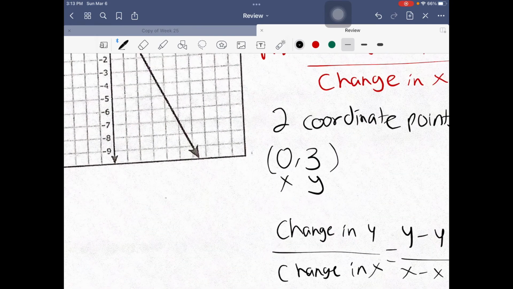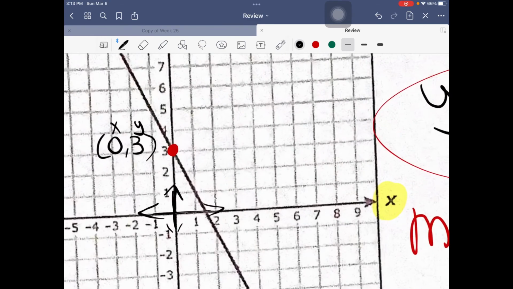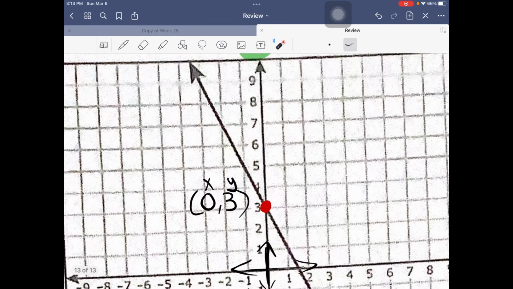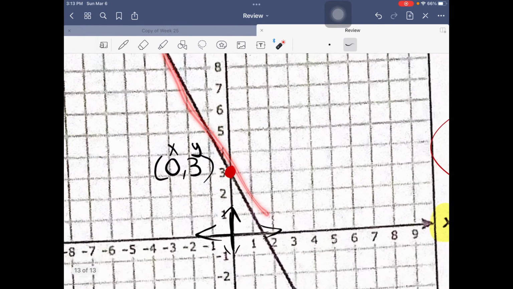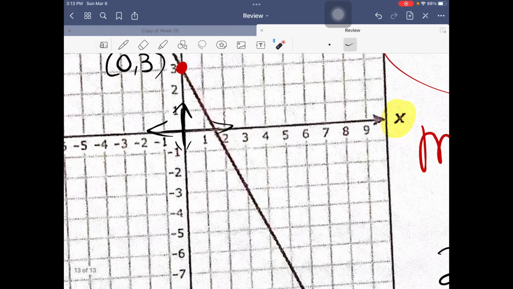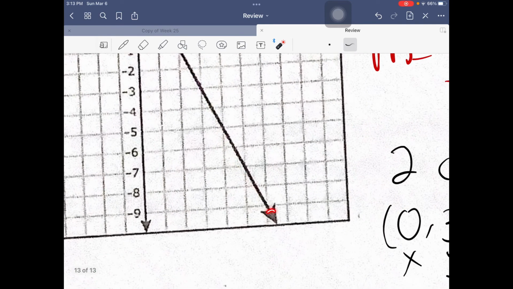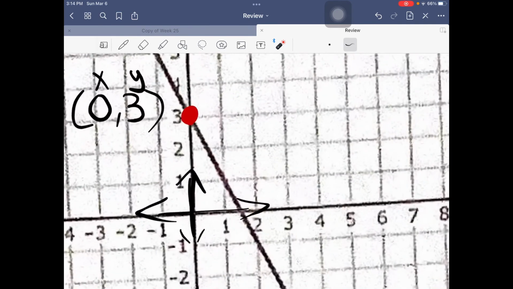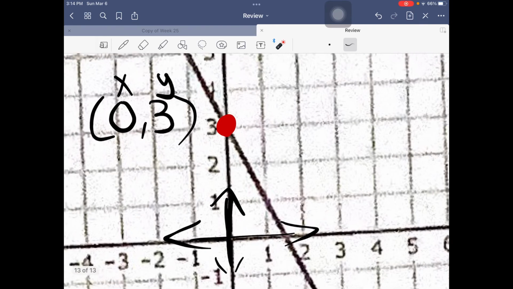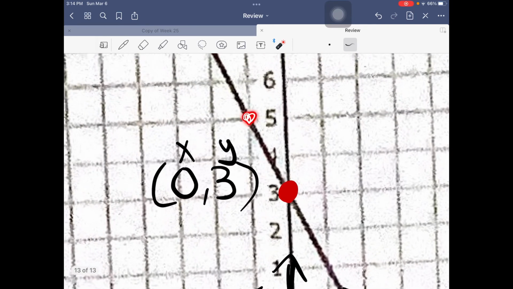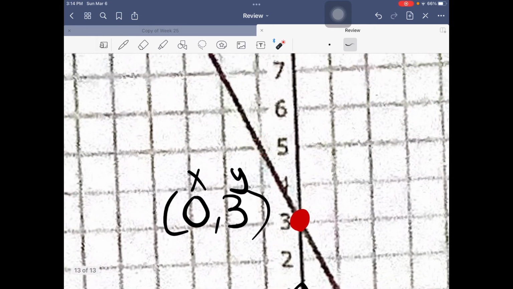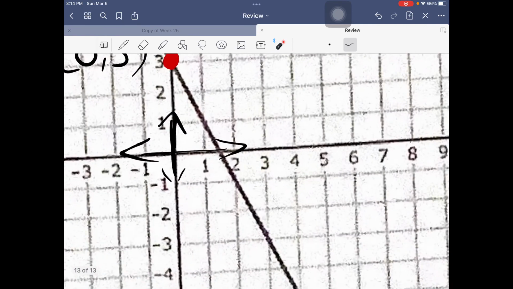Ahora, the other coordinate point, let's try to find it. We can choose whichever we want from anywhere on the line. Donde ustedes quieran, you can choose it wherever you like, and it's going to be the same thing. It could be over here, anywhere. But let's keep it simple. Where is it crossing exactly? Right here it's crossing exactly the line, so it's going to be whole numbers.